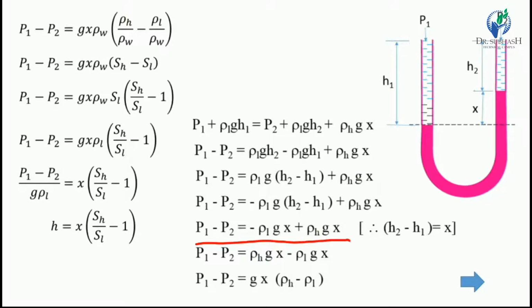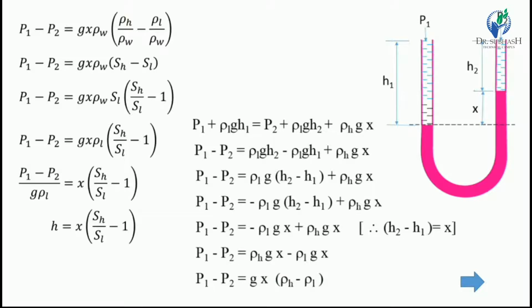So the equation becomes P1 minus P2 equals minus rho 1 g x plus rho h g x. Now we can rearrange: P1 minus P2 equals rho h g x minus rho 1 g x. Now g x is taken common, so in the bracket rho h minus rho 1.